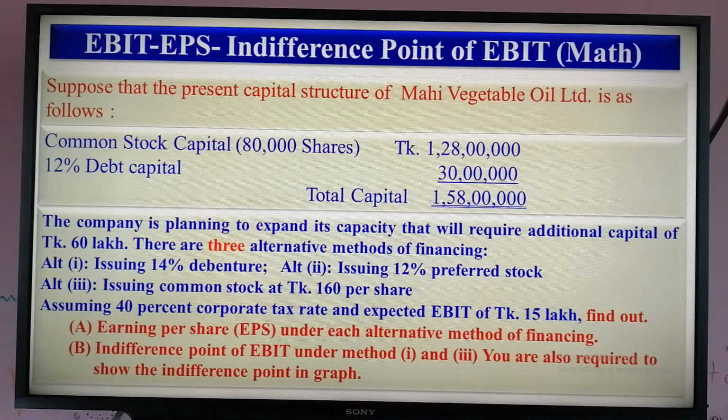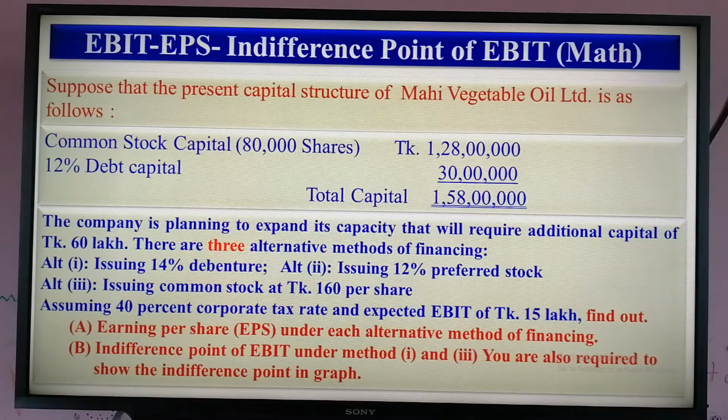And how much interest do you have to pay for your existing capital? 3,60,000, because 30 lakh multiplied by 12%. That is, you have to pay 3,60,000 interest after a year.